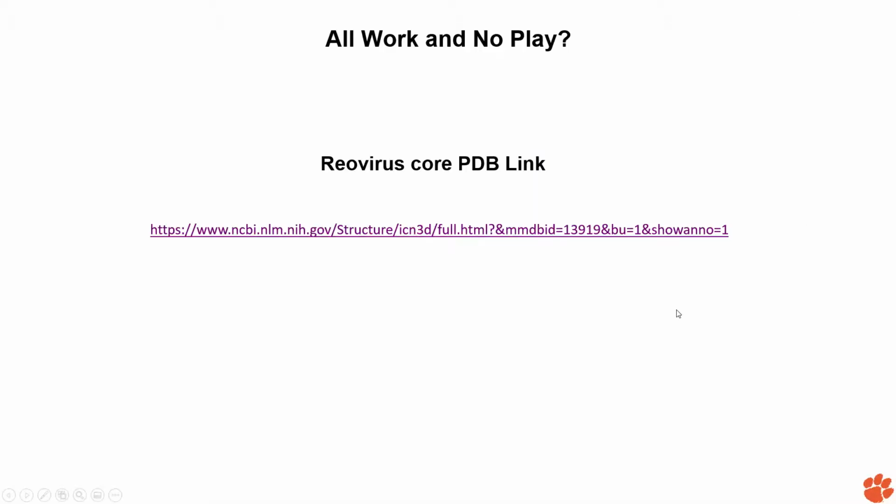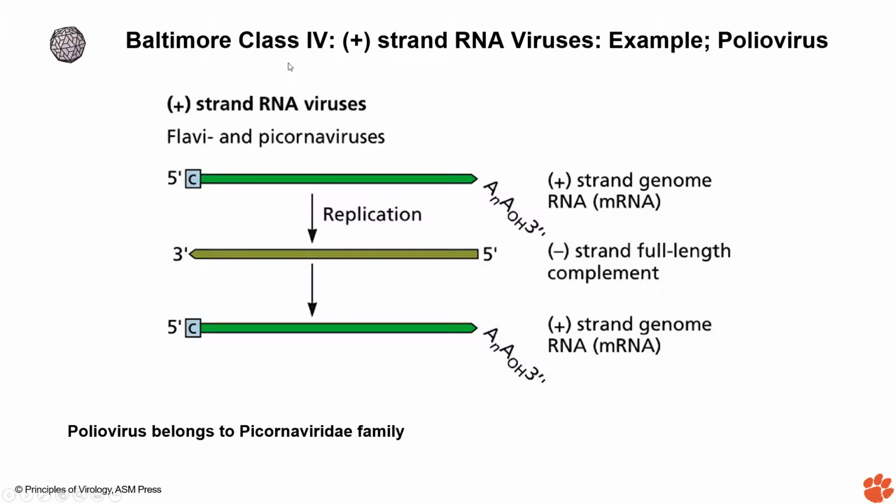All right. So the next one is Baltimore class 4, and we're going to talk about the poliovirus, and here things can get a little bit intense. The poliovirus is a plus-strand RNA virus, and the flaviviridae and the picornaviruses are in this family, like dengue viruses and yellow fever viruses. These are all plus-strand RNA viruses. And the genome is mRNA.